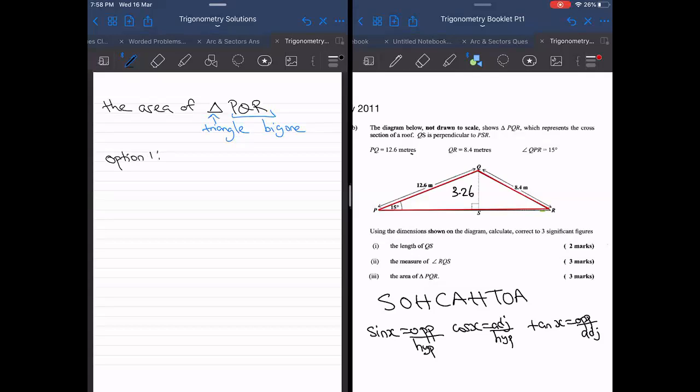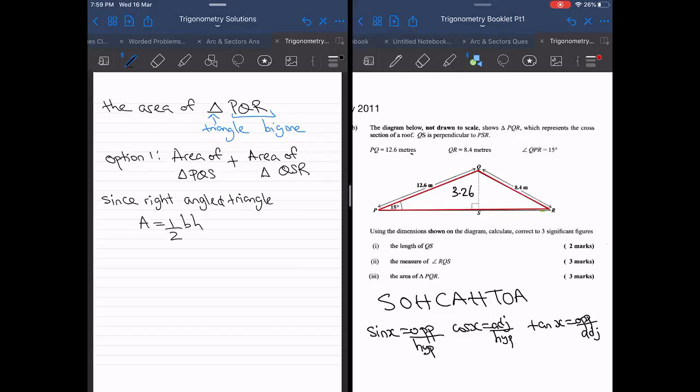So you find the area of triangle PQS plus the area of triangle QSR, and since they are right angled triangles, the area would be a half base times height.